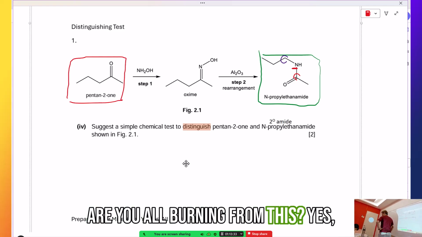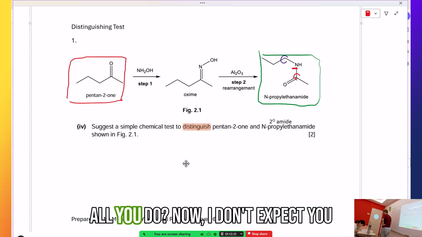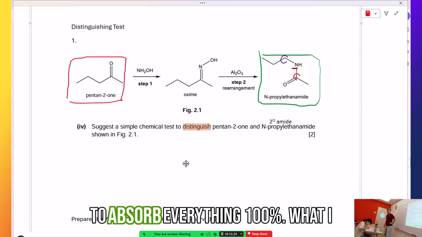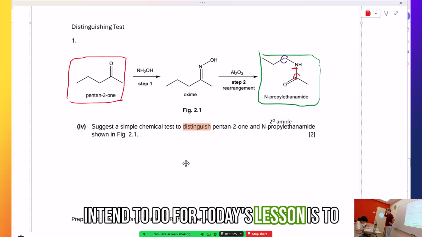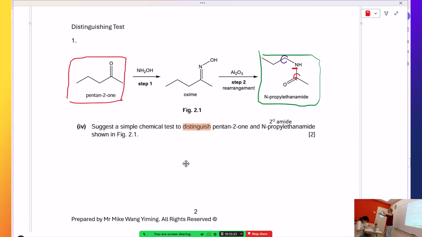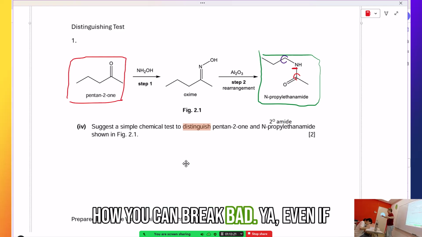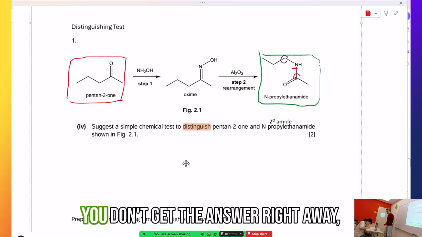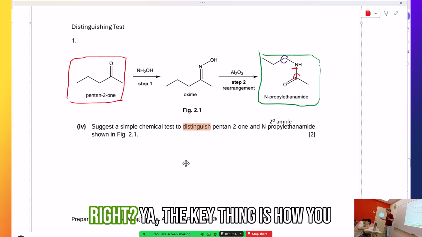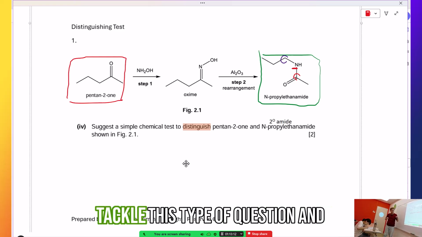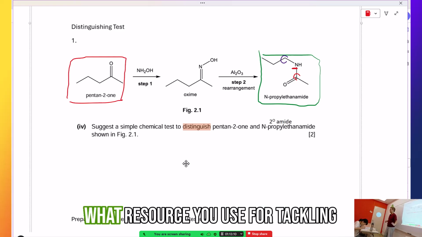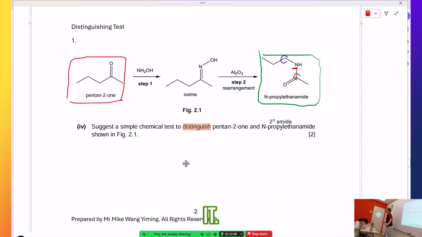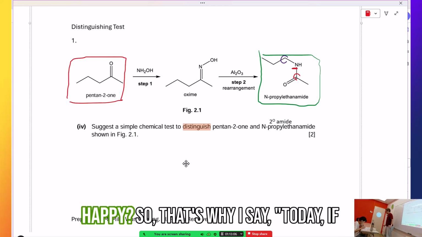Are y'all learning from this? Yes? Understand what I'm teaching y'all to do? Now, I don't expect you to absorb everything 100%. What I intend to do for today's lesson is to show you a path on how you can prepare. Get it? Yeah, even if you don't get the answer right away, it's fine. Clear? Yeah, the key thing is how you tackle this type of question and what resource you use for tackling it. Happy?